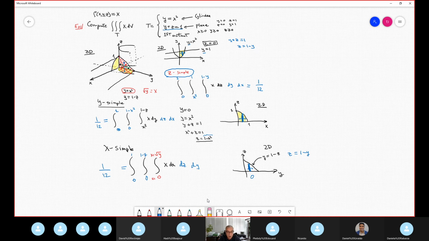After that, we do the projection in 2D, depending on the plane perpendicular to the direction that you integrate, z, y or x. You make the sketch in 2D, and the sketch in 2D is easy because the double integral is exactly the same as we did before. Any question? Everything clear?